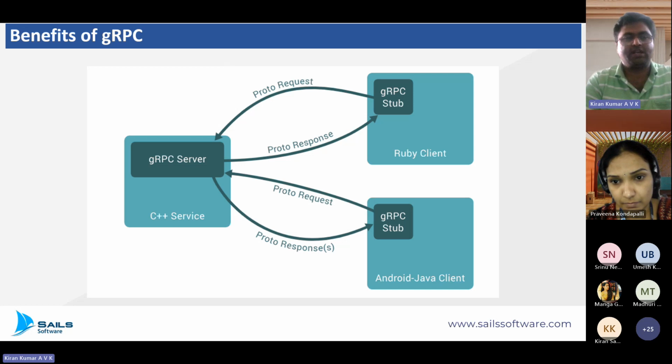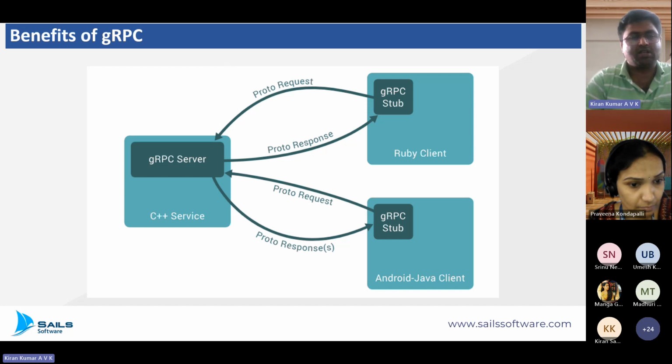encapsulation entity. Using that stub, you'll send a request to the server. Here in gRPC, you'll send a proto request, because you use protobuf as your data interchange format. That is why it is called a proto request. That's it, nothing else.